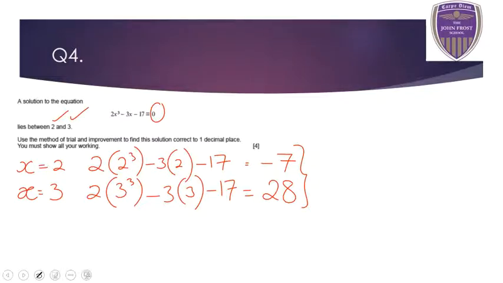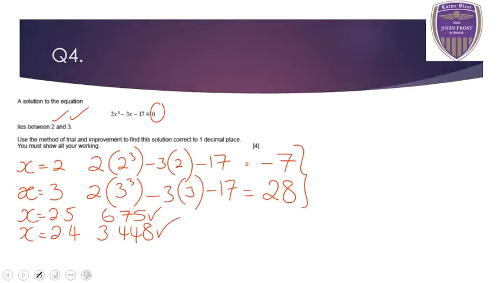And the next one you do, when you do 2.5, you'll end up with 6.75. When you do 2.4, 3.448. So we're getting nearer to 0.